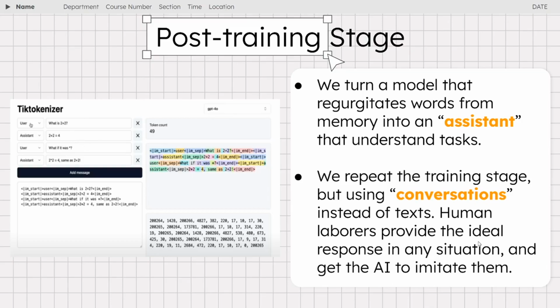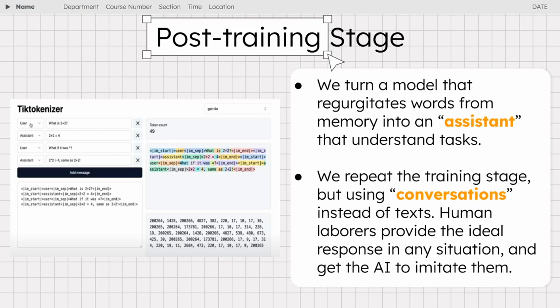And you may ask, what is the ideal response? Well, the ideal response is provided by the company that hires those workers. What does the company look for in specific? For example, truthfulness and helpfulness, or being harmless.